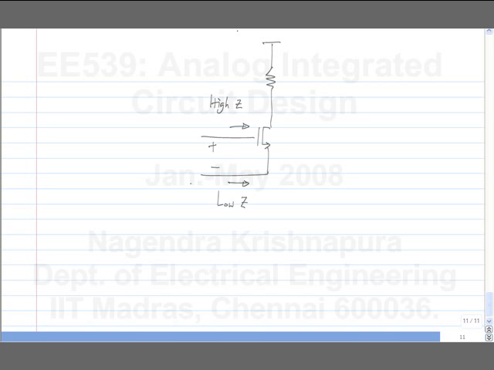So what I need is a buffer here. I don't drive it directly. I apply V1 here and I drive this to a buffer. That is possible, right? And what can I use for a buffer? Source follower.